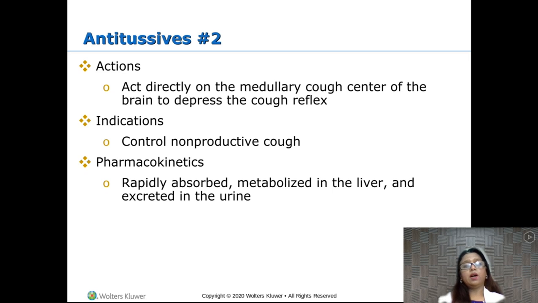When we have constant coughing, it's very irritating and it causes bronchospasms, so we give the antitussive to reduce the amount of coughing. It controls the non-productive cough. What is non-productive? When there's not a lot of sputum, it's kind of a dry cough, so it will slow it down. Rapidly absorbed, metabolized in the liver, and excreted in the urine.